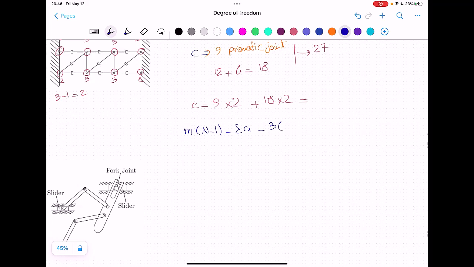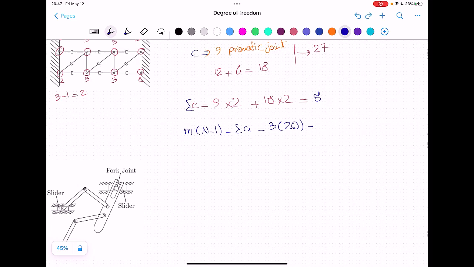Three multiply 21 minus 1 is equal 20, and minus 50, 56, 54.